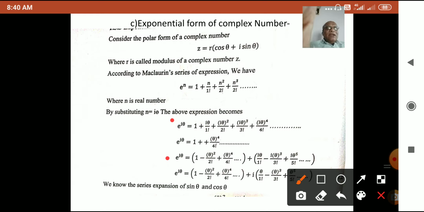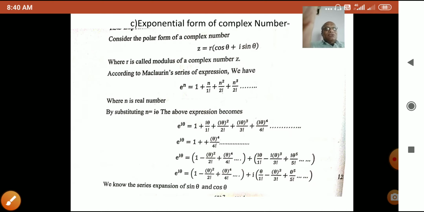Now in the second bracket, i theta, that is the second term of this series. So i theta divided by factorial 1 minus i into bracket theta cube divided by factorial 3 plus i multiplied by theta raised to 5 divided by factorial 5 and so on.